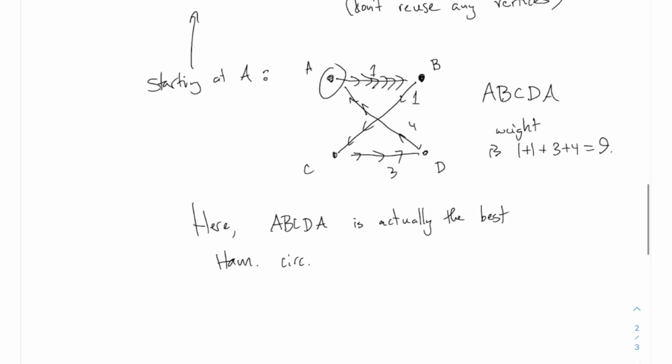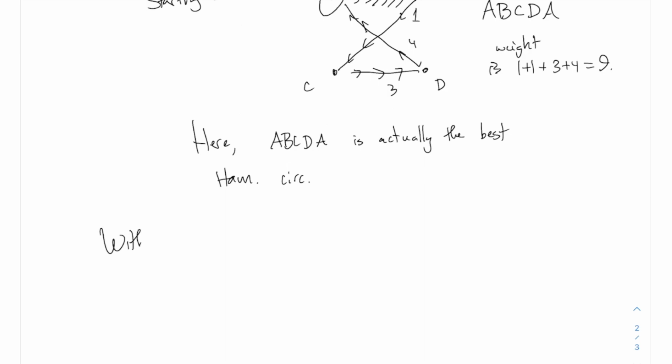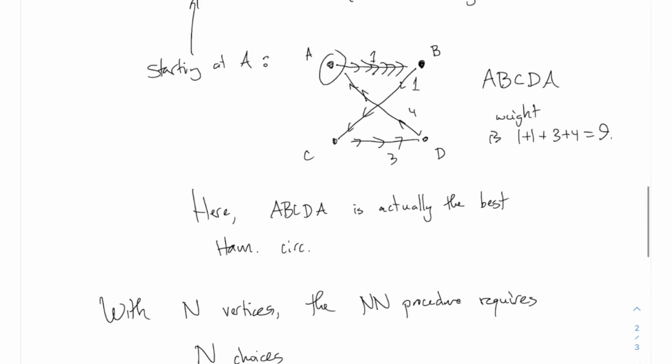So with n vertices, the nearest neighbor procedure requires how many choices? It's basically n choices, right? Here I had 4 vertices, and I had to choose 4 different edges, one after another. And that's how long it takes. How long will it take you to do this procedure? Well, it's just however many vertices there are. You have to make that many individual edge choices.